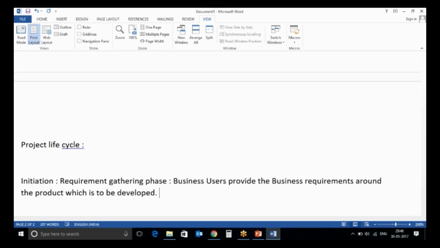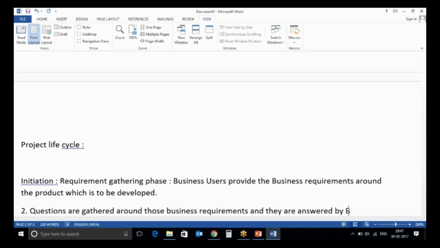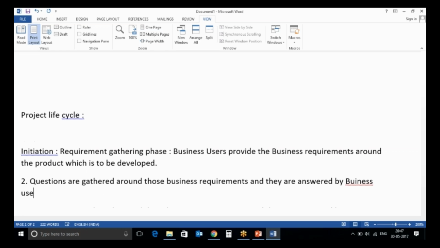When you get the business requirements, you are bound to have some questions around the same. The second thing that happens in this phase is the questions are gathered around those business requirements, and they are answered by business users.